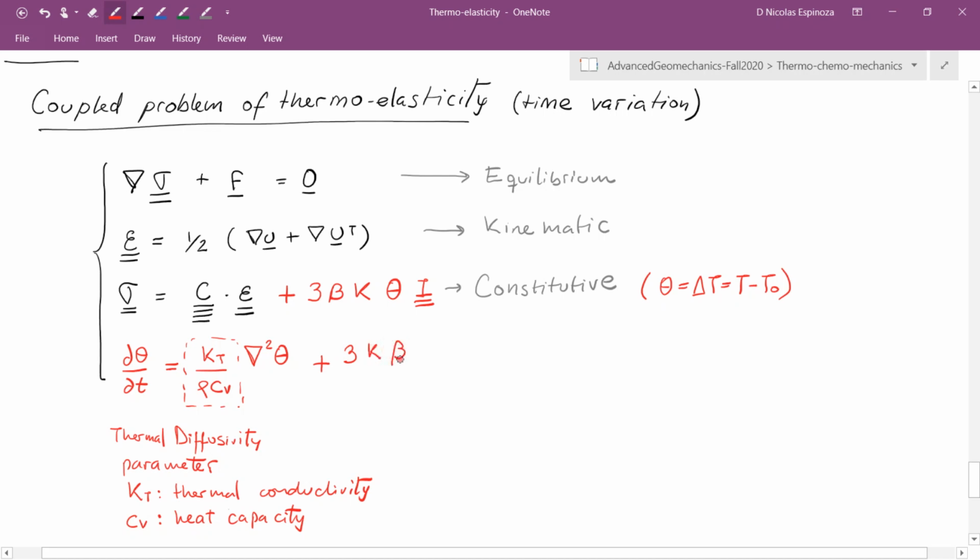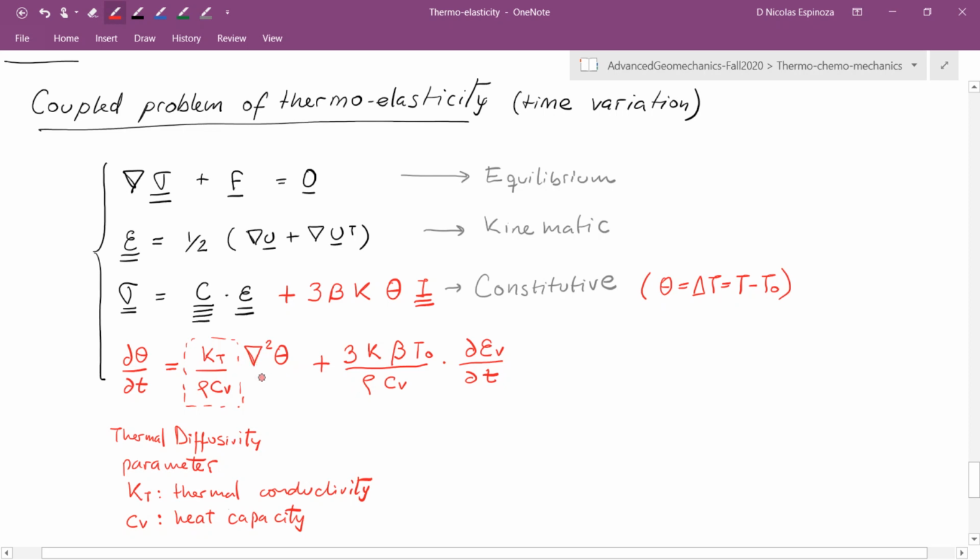Here we have the 3K beta times the initial temperature divided by the density of the solid times the heat capacity times the variation of the volumetric strain with time. And now with this equation, we're going to be able to tell what is the variation of temperature as a function of time. So let me explain a little bit what this equation is.